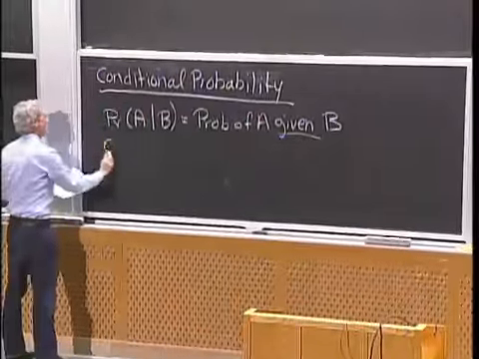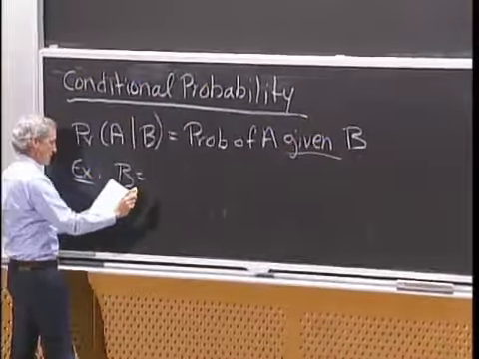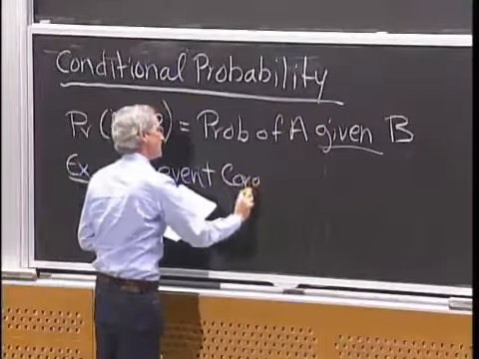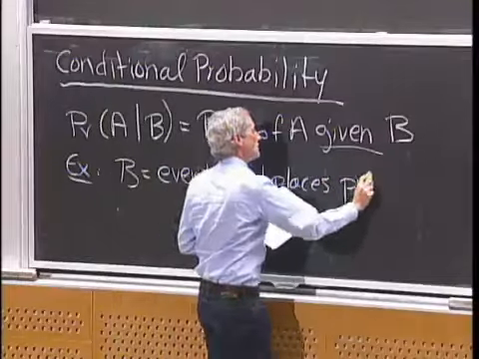Now, the example from Monty Hall, actually we had several, but you might have B being the event that Carol places the prize in box 1.